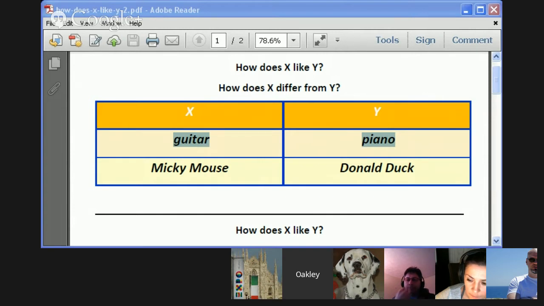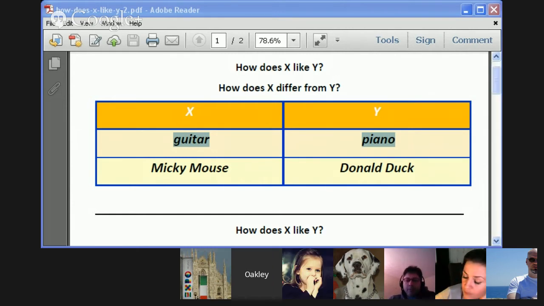Julio, how are guitar and piano the same? Well, both instruments are the same type, or guitar and piano are percussion instruments. Okay.